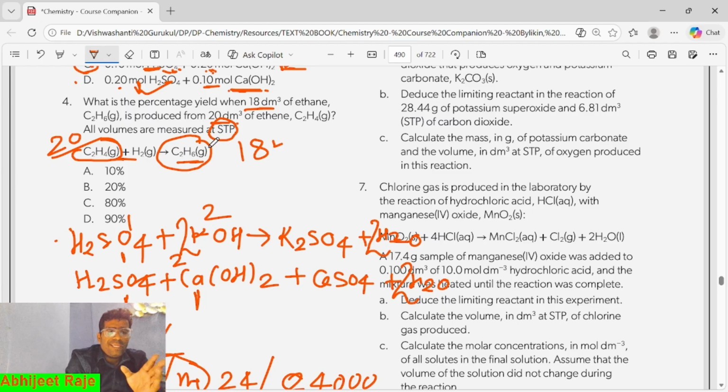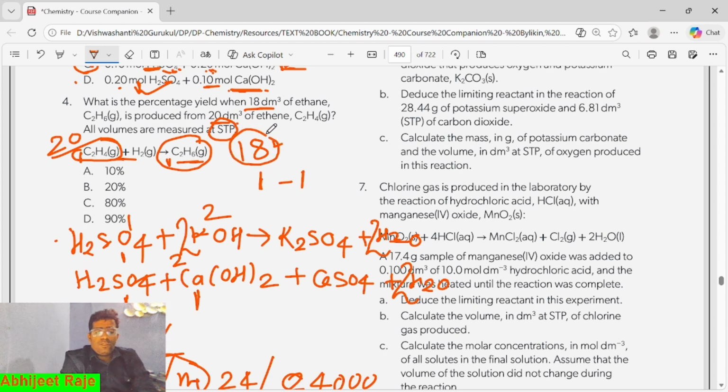So definitely we have extra reactant and we have less product. Now looking at the stoichiometry, looking at the original equation, the mole ratio was 1 is to 1. If 1 mole of ethene reacts, you should get 1 mole of ethane, right?